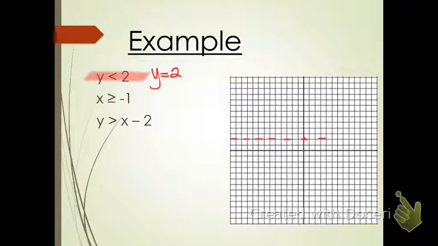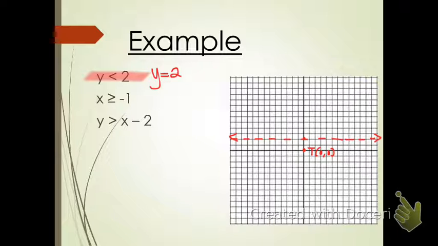Because our inequality does not include an equal sign, it's just a strictly less than sign, we know that our boundary line will be dashed. And then we need to pick a test point like 0, 0 to plug into our original inequality to see if it's true or false.